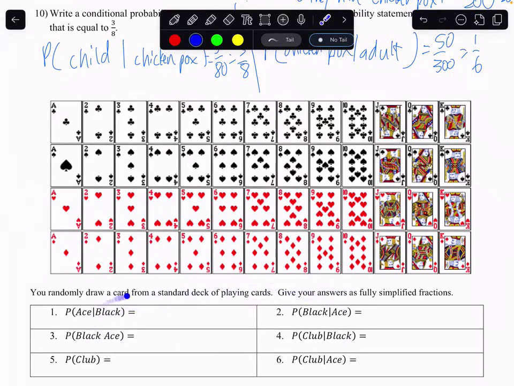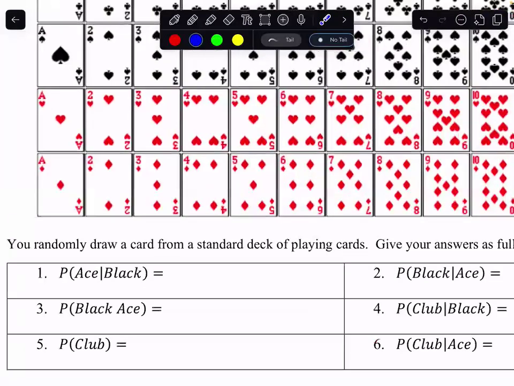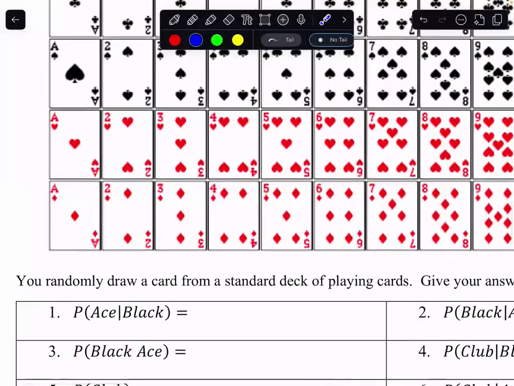A lot of these are on purpose very similar to each other. Some may be the same, some may be different. Go ahead and take a few minutes and see if you can answer these six probability statements.